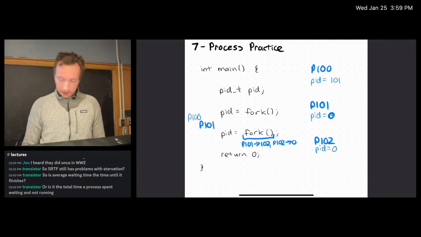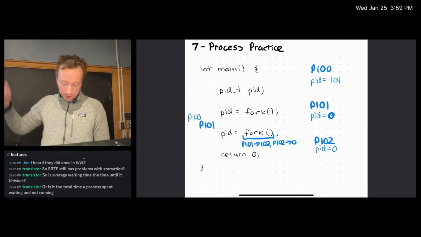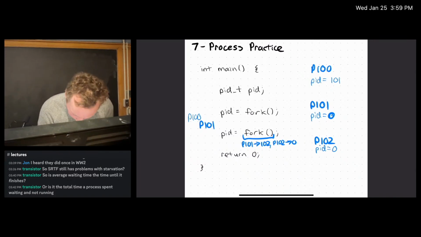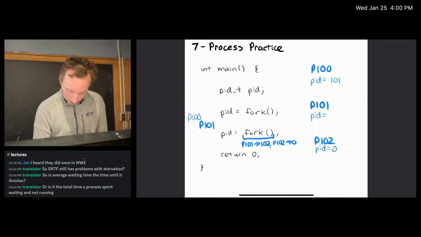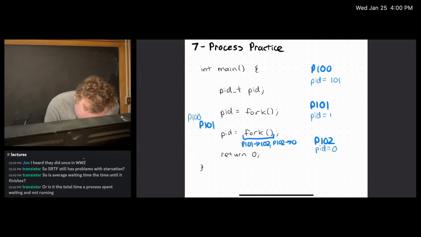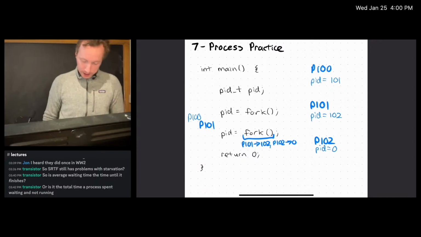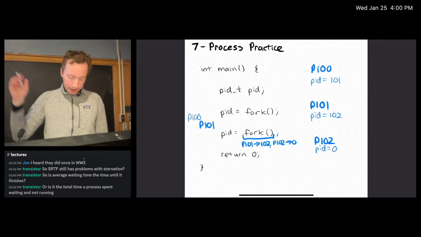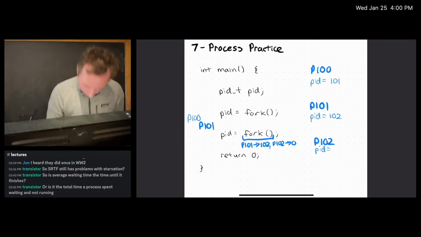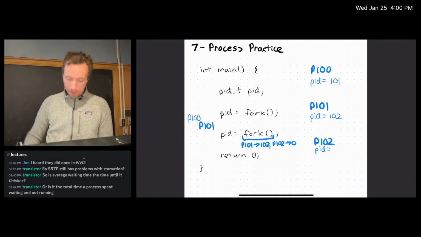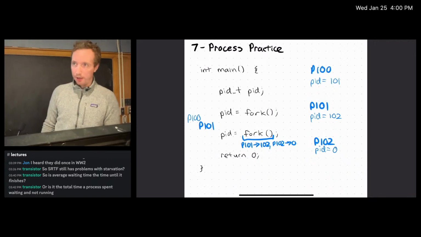Whichever one returns first, you can argue about it, but we have no defined order, so we'll assume 101 executes first. It would update its PID to 102, and then carry on. And then in process 102, it would just overwrite 0 with 0 again, and then be independent.